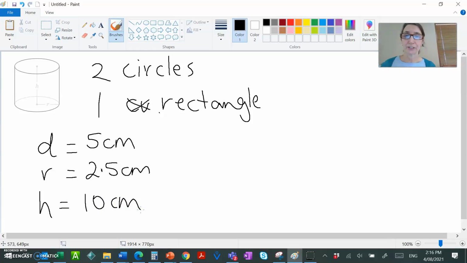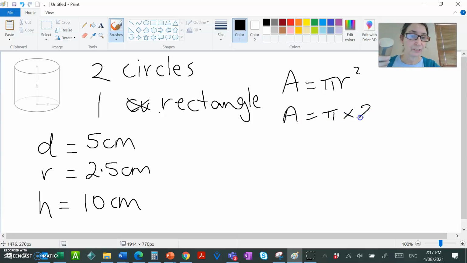All right, two circles, one rectangle. How do you work out the area of a circle? We know that formula. The area is equal to pi r squared. So the area of this circle at the top is going to be pi times 2.5 squared. So times 2.5 times 2.5.